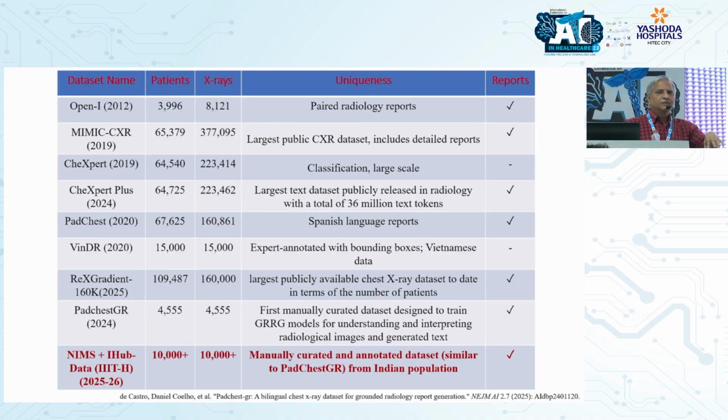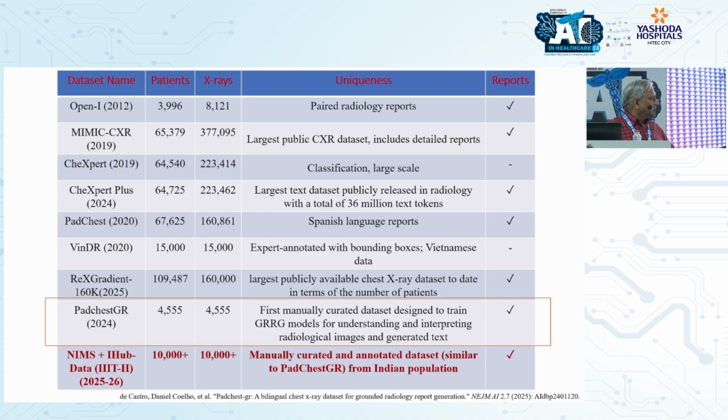I think I have impressed on you that you need not only the report but also the grounding annotations, bounding boxes. Such a data set at a small scale, around 5,000, has been released. And this is the only grounded report generation capable data set.